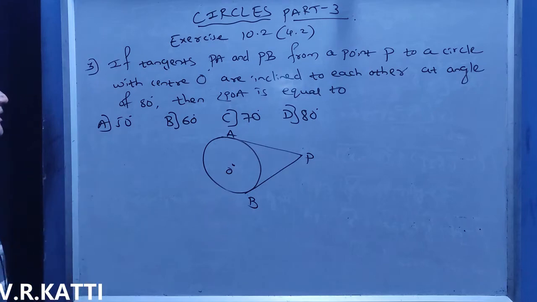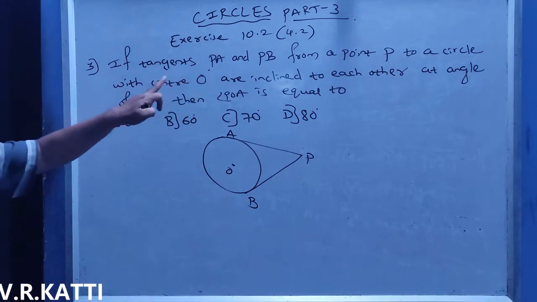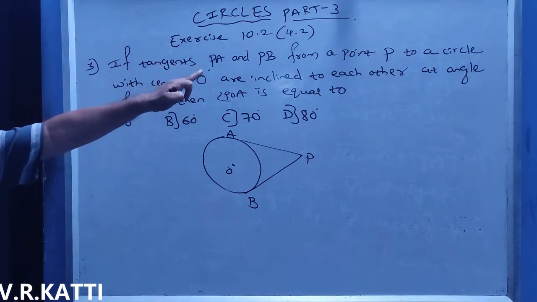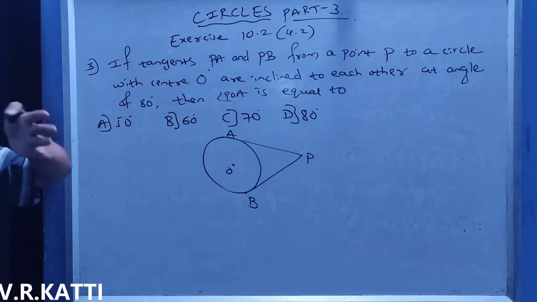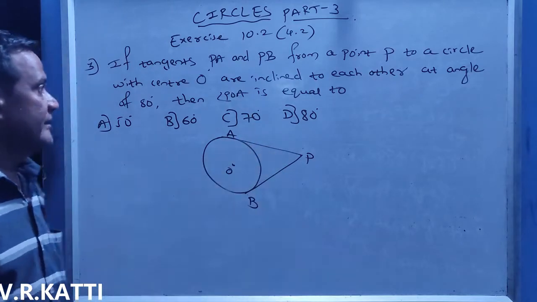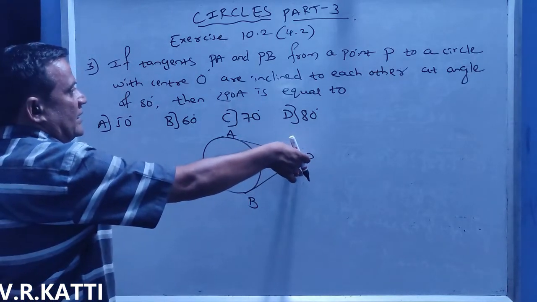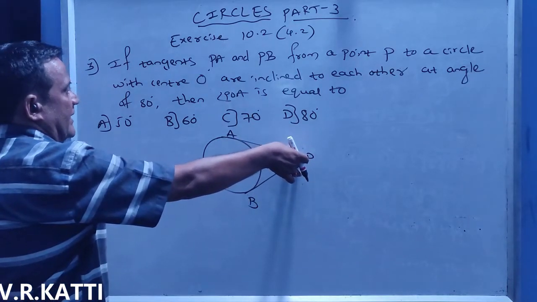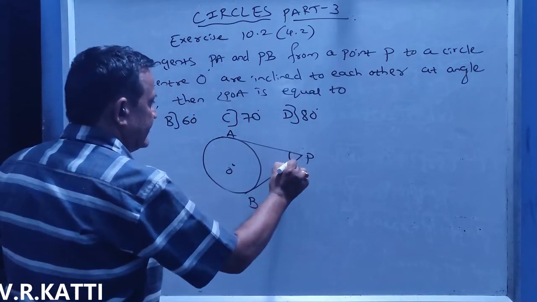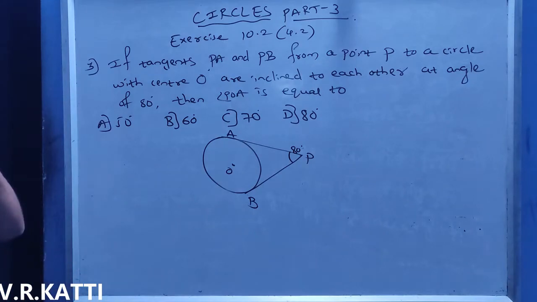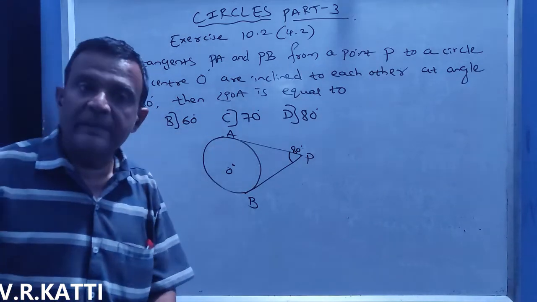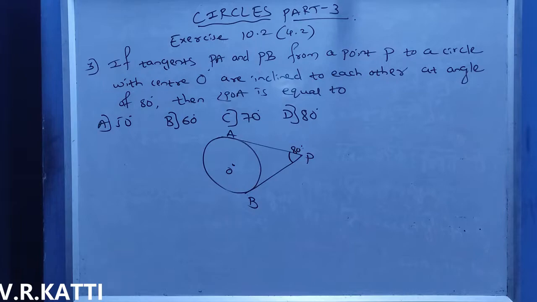Now, if tangents PA and PB from a point P to a circle with center O are inclined to each other at an angle of 80 degree, then angle POA.